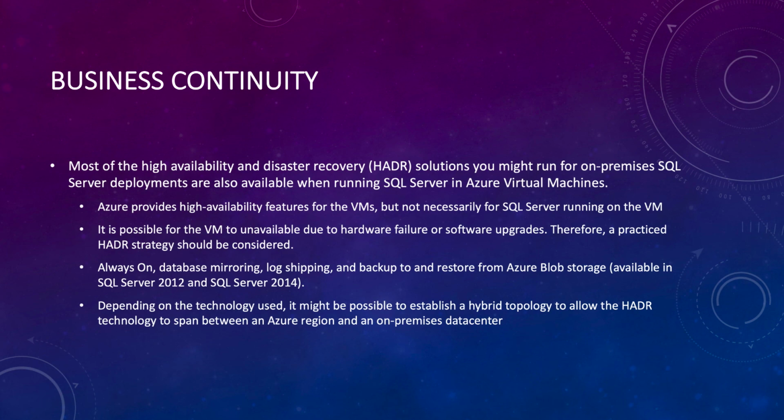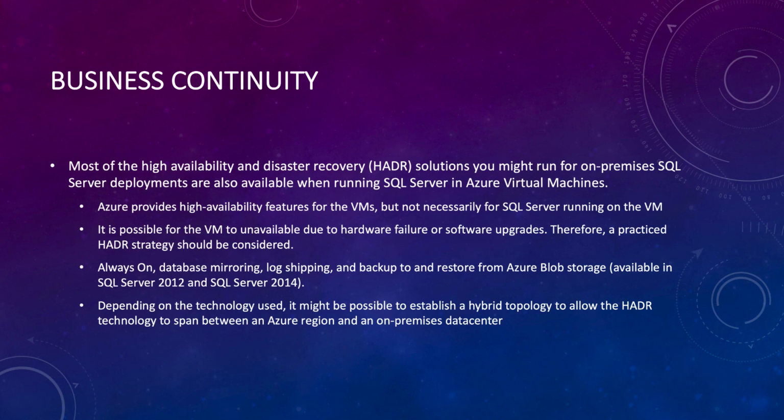SQL Server in Azure virtual machines supports many of the same HADR technologies that are available for on-premises SQL Server deployments, some of which are Always On, database mirroring, log shipping, and backup to and restore from Azure Blob Storage, which is available in SQL Server 2012 and SQL Server 2014.